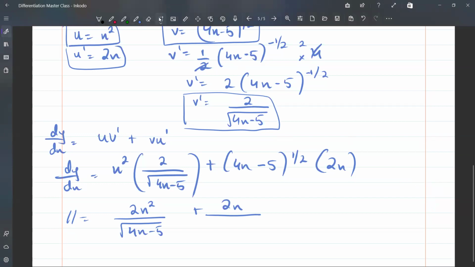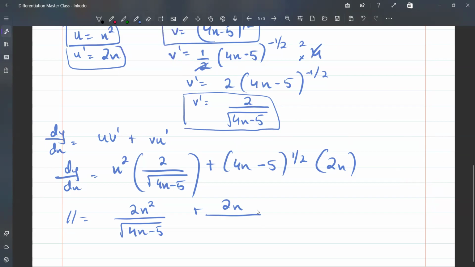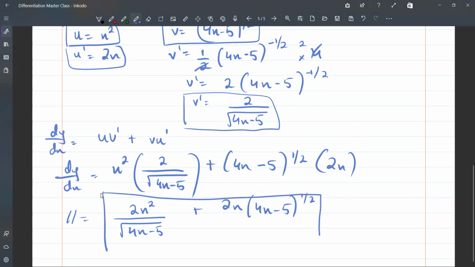So yeah, the uv dash plus vu dash, right? So this would give us this. Now if you want to simplify this further, you can, but this should do it.